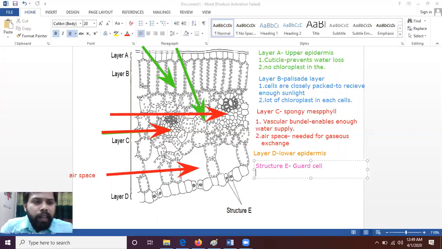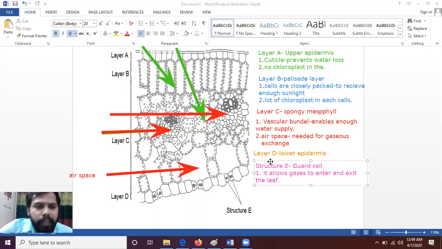What is the advantage of having this structure? Number one, it allows gases to enter and exit the leaf. This is one of the functions of structure E, the guard cell.